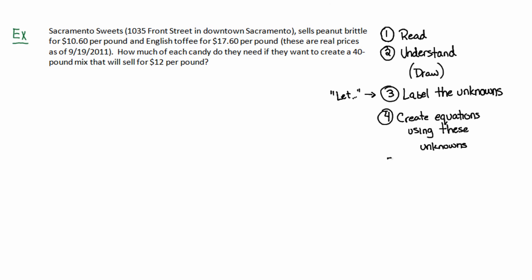But once you get that done, you should have 1, 2, 3 equations. In fact, a little note here, you should have the same number of equations as you do have unknowns. So in other words, if you have 3 unknowns, x, y, and z, then you should have 3 equations. There's no way you can solve it otherwise. Once you have your equations, you're going to set them up in a system and solve.